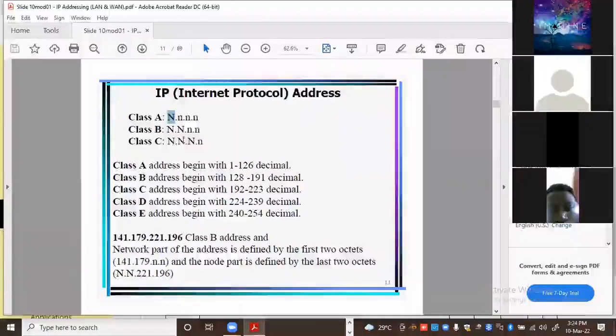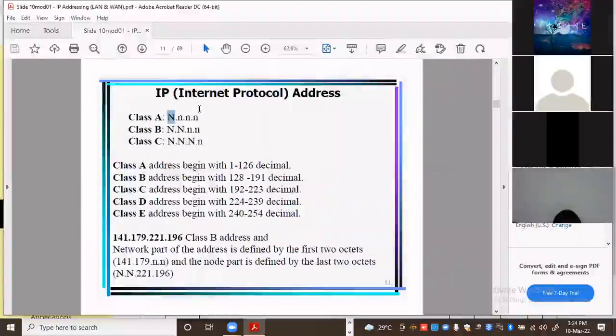So class C and class A machines will not be able to talk simply because they are within different network domains, okay? But if you want two devices on separate classes of IP addresses to talk, that's when you introduce what you call routers.